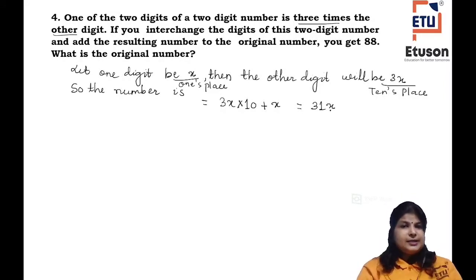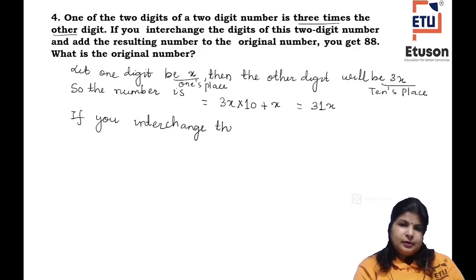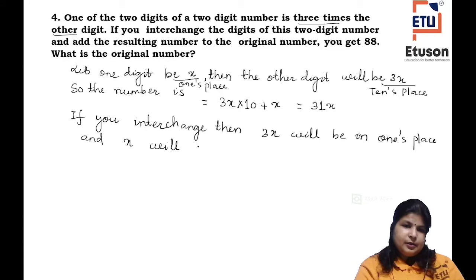If you interchange the digits of this two-digit number, then 3x will be in the ones place and x will be in the tens place.